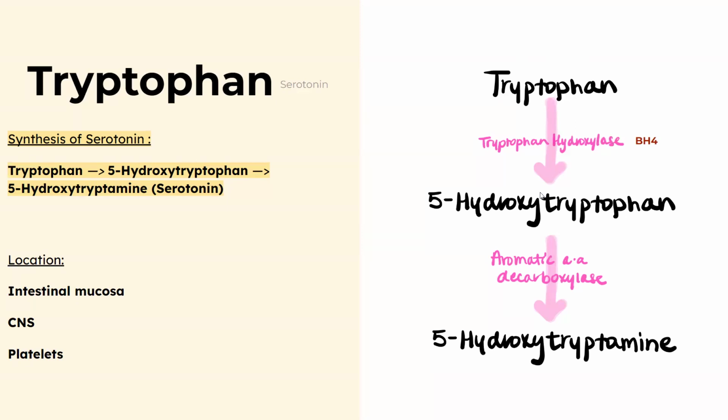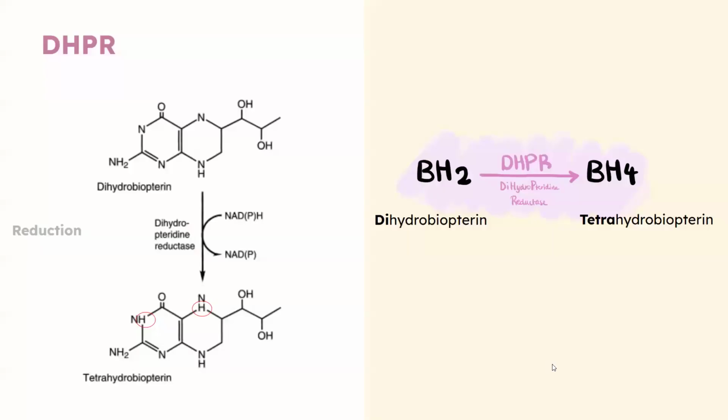So tryptophan, 5-hydroxytryptophan, and then serotonin. What is this cofactor that I just mentioned? What is tetrahydrobiopterin? If you break it down, tetra for 4, hydro for hydrogen, and then biopterin. It comes from dihydrobiopterin. If you take dihydrobiopterin and add 2 hydrogens to it, that makes sense, right? Here it's 2, it becomes 4, so you need to add 2 more.